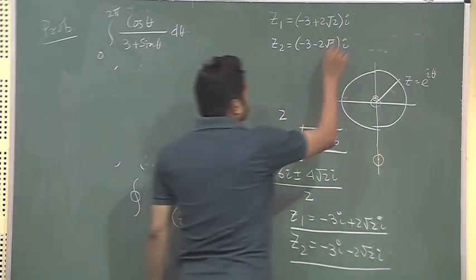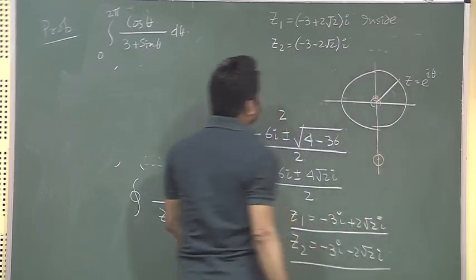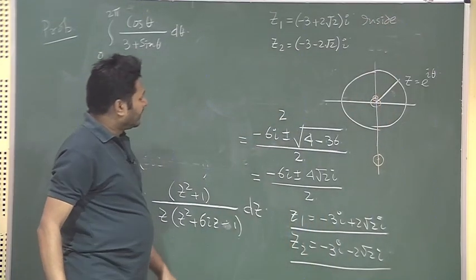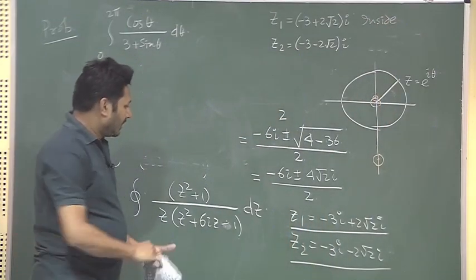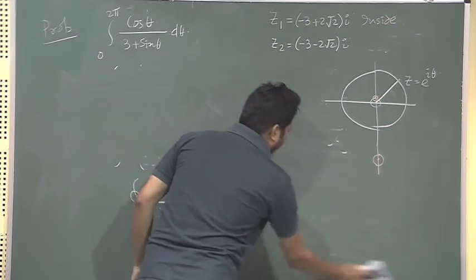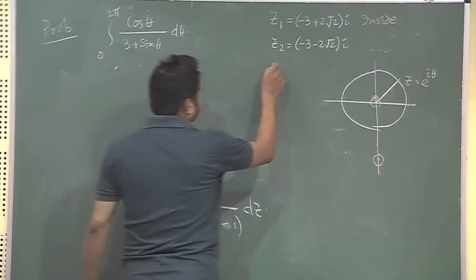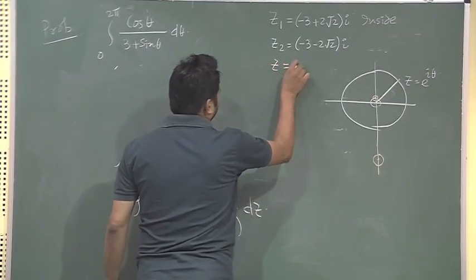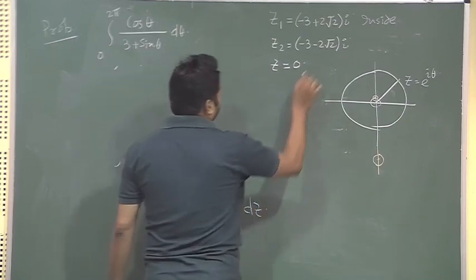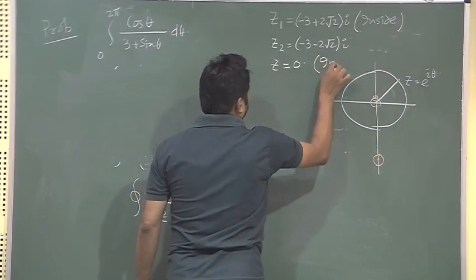So, z1 is inside, this one is outside. So, the residue is calculated only at 2 points. So, these are inside: z1, and z equal to 0 is another singularity which is also inside.